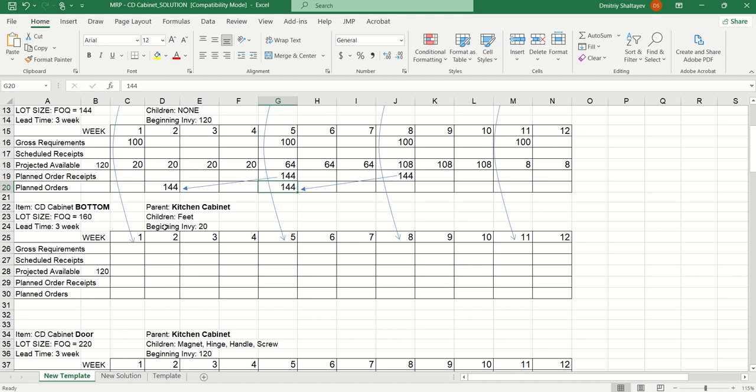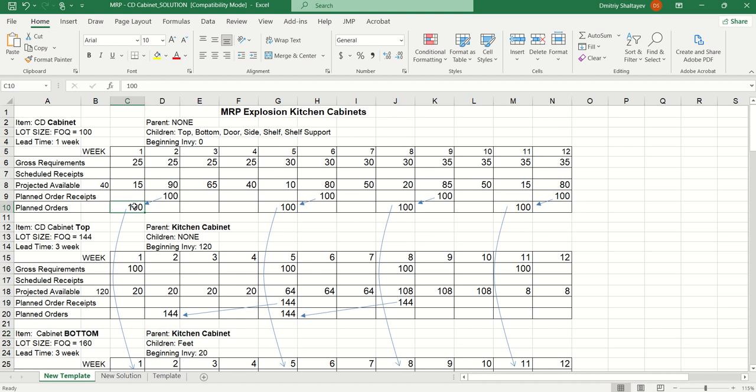So I'm going to do it again. Where do I take gross requirements from? I take it from the parent item. So the parent item for our cabinet bottom is the kitchen cabinet.